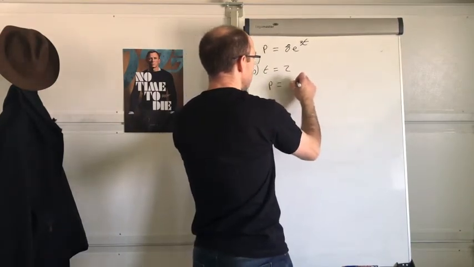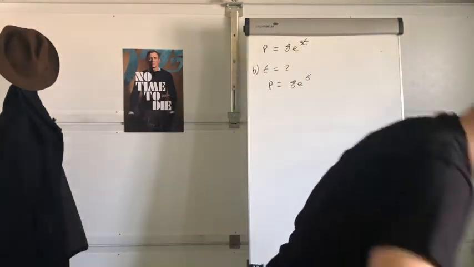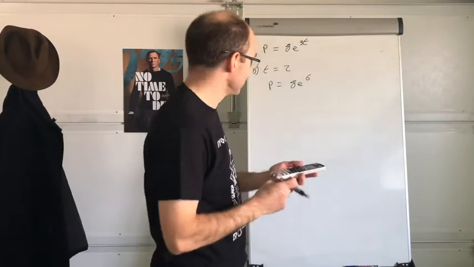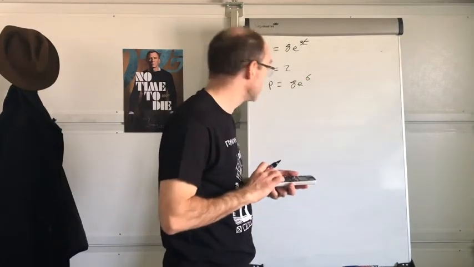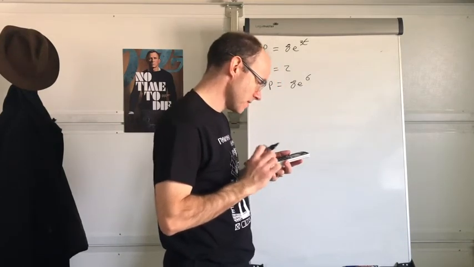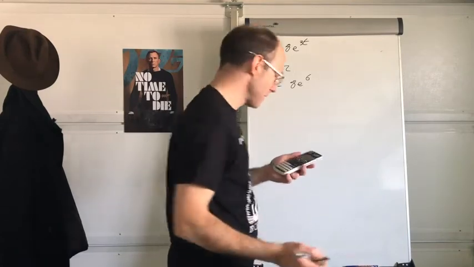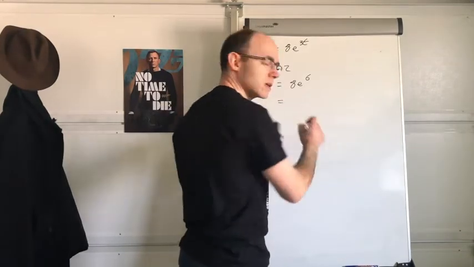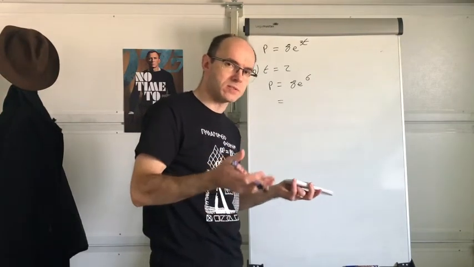P is equal to 8 e to the 6. I need a calculator now, of course. So e to the power of 6, times by 8 equals. Right, so I got 3,227 point something. Just as a word of warning, if the question doesn't say round it, then you'd always give it to the nearest integer.